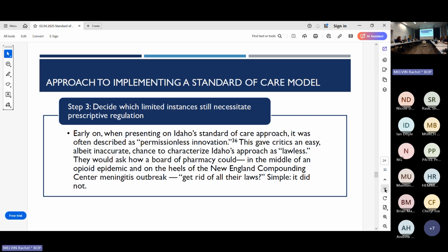And step 3 would be to decide which limited instances still necessitate prescriptive regulation. So again, realizing that there's a difference between regulating patient care services or clinical operations and then operations themselves, such as C2 quarterly reconciliations, such as temperature monitoring, etc. So realizing the distinction between those two and identifying instances where the standard of care regulatory model may be appropriate and where it may not.